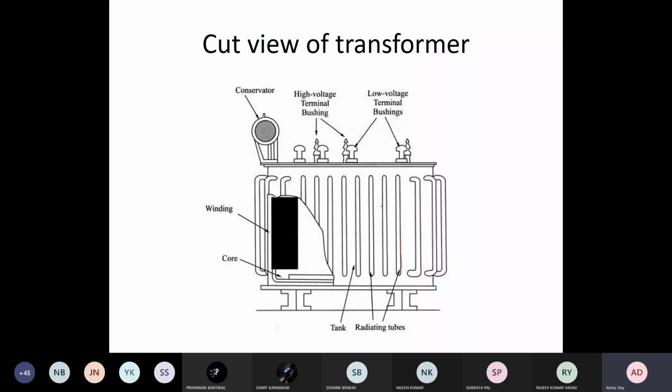So this is how it is cooled, and there will be forcing also. This is naturally cooled, but depending on the higher rated transformer, there will be forced cooling. So we are not going into those details, and we can see these are the high voltage terminal bushings, which will look like this.